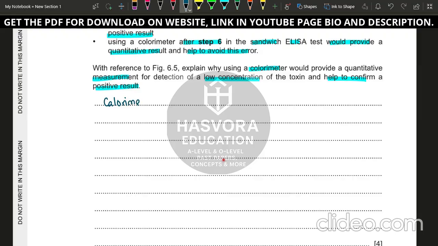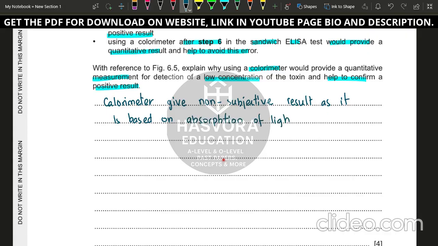Colorimeter gives non-subjective results as it is based on absorption of light from a reaction mixture.